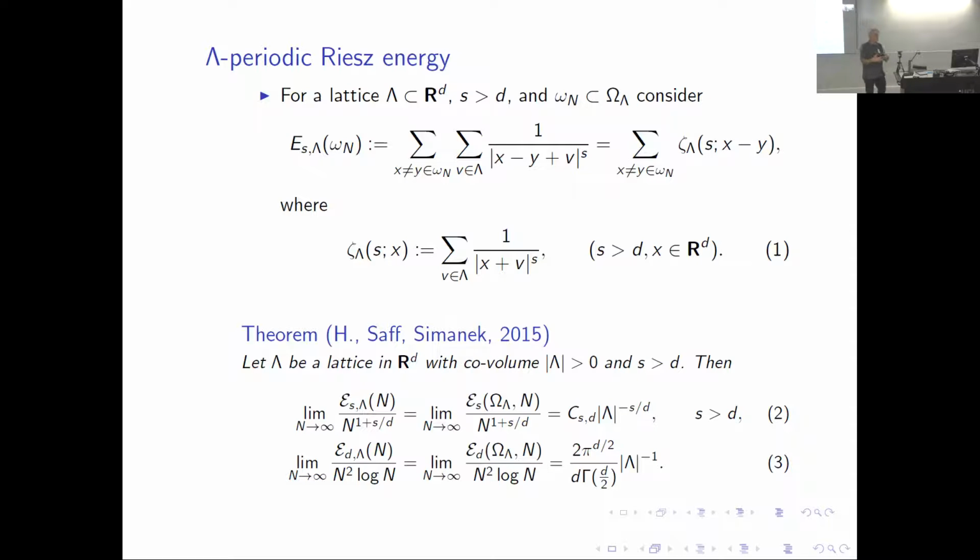You can incorporate a weight W of xi, xj, and it follows from our weighted energy problem that in the hypersingular case, for s bigger than d, we can use our previous results to prove that the C_{s,d} we associated with just the unweighted problem is the same, and that optimal configurations are uniformly distributed on the fundamental domain.